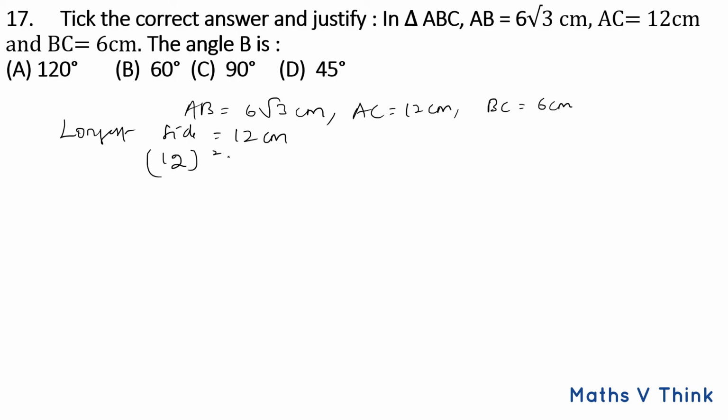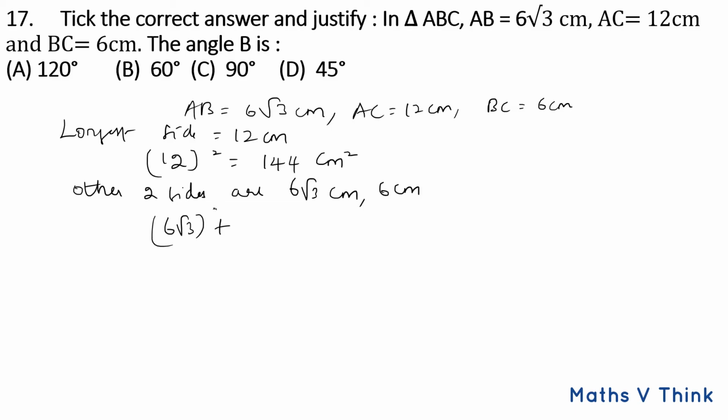12 square is 144 centimeter square, and the other two sides are 6 root 3 centimeter and 6 centimeter. So the sum of the squares of the other two sides: 6 root 3 the whole square plus 6 square is equal to 36 into root 3 square is 3, plus 6 square is 36.